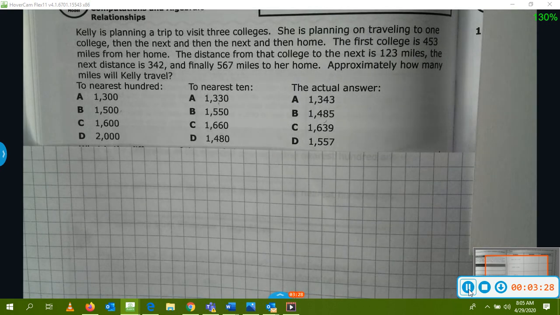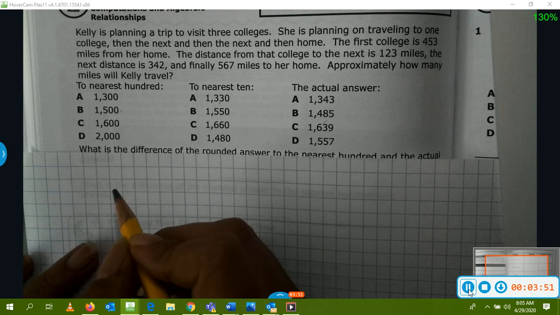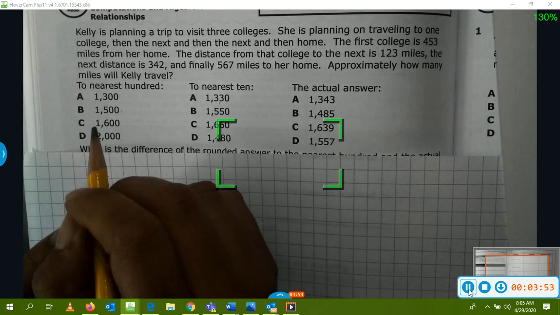Okay, so the first step will be to take the numbers of the distance of 1, 2, 3, and 4, and add them all together, because it's actually asking you how many miles would Kelly travel. So they want to know the total. So you take those numbers and you add them together. So 453.